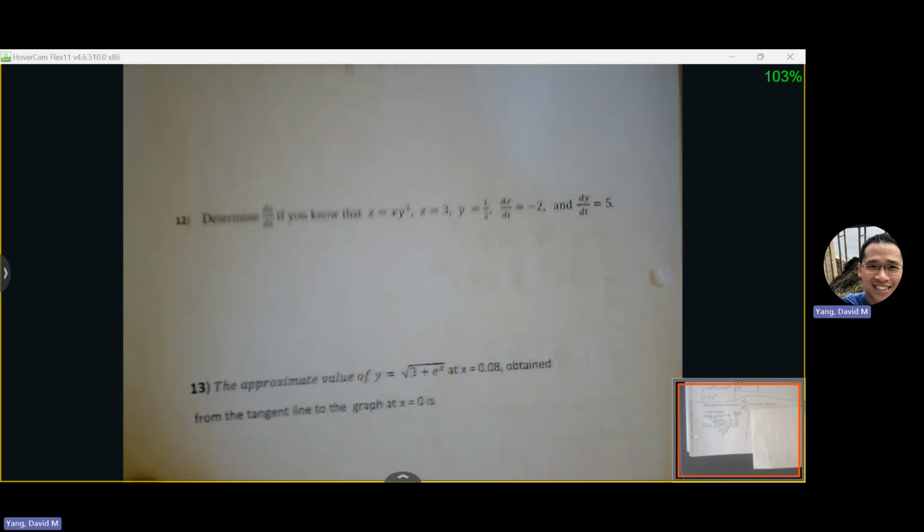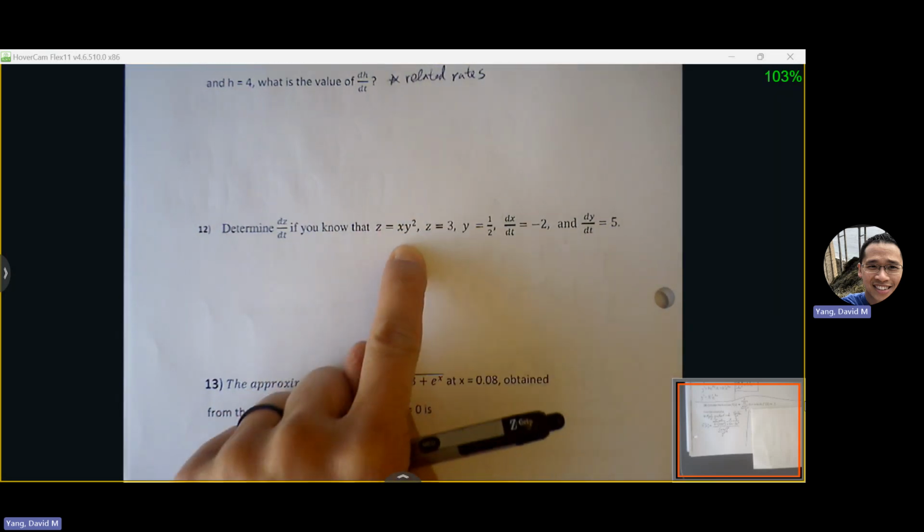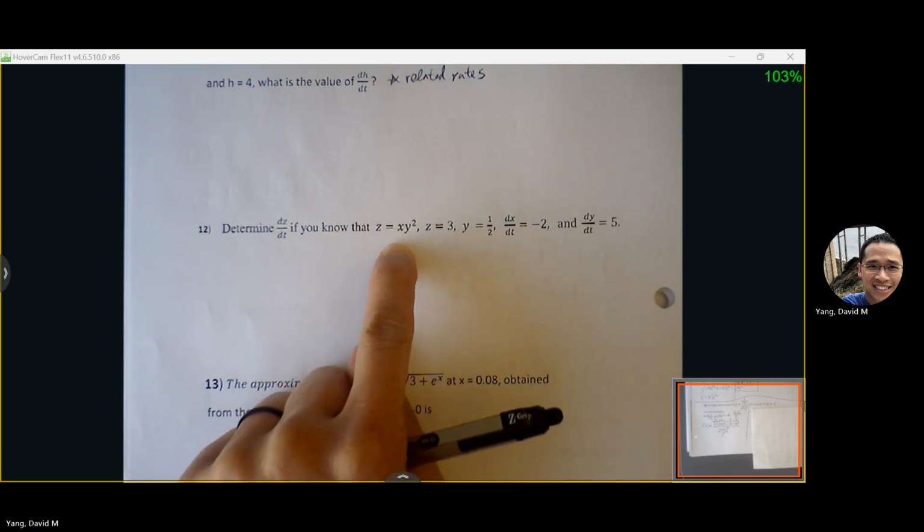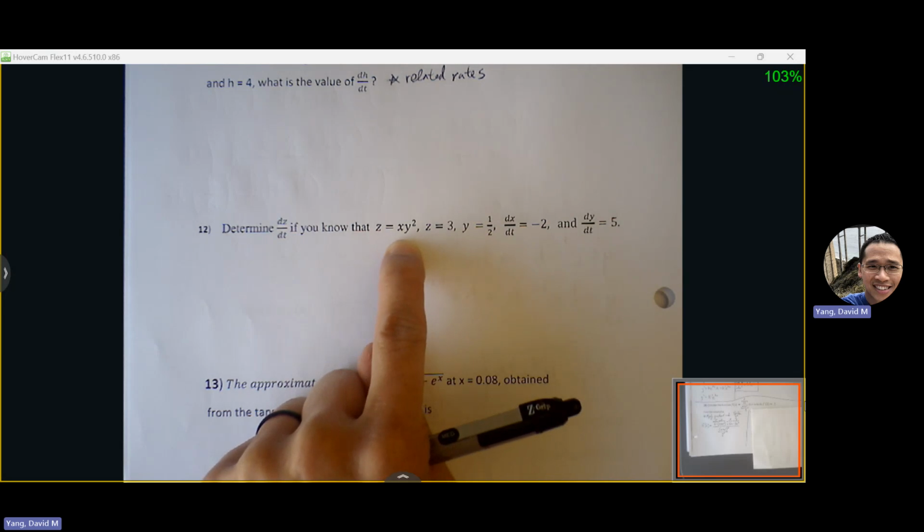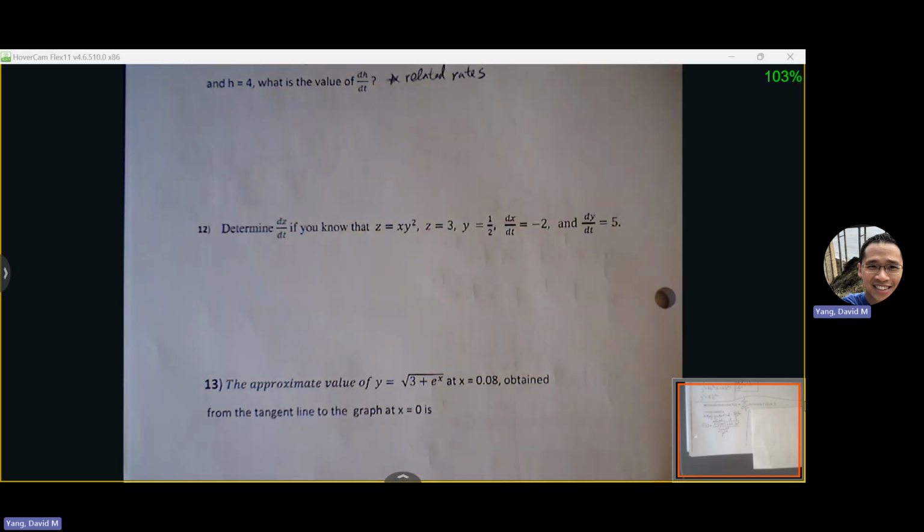But if you look at number 12 here, what else do we have to make sure we involve as part of our derivative process? Something about this xy squared here. We got to go through what? Product rule. Yeah. All right, try that.